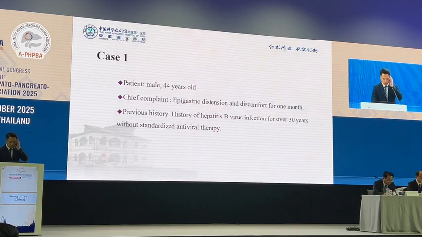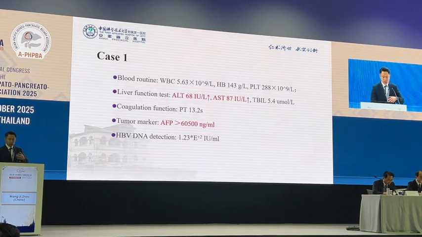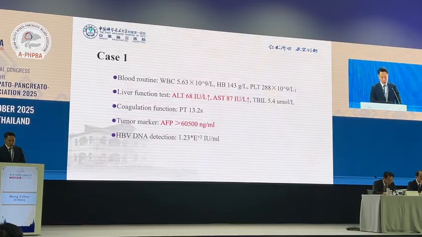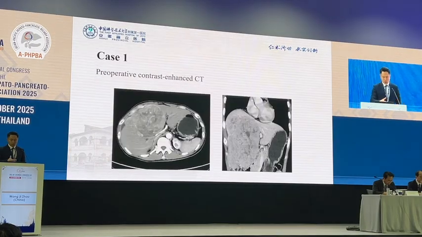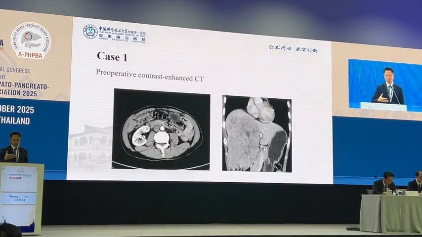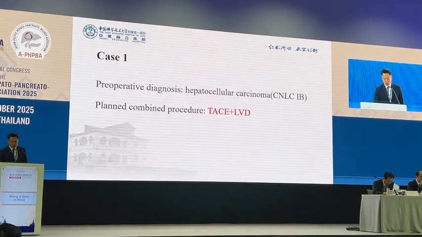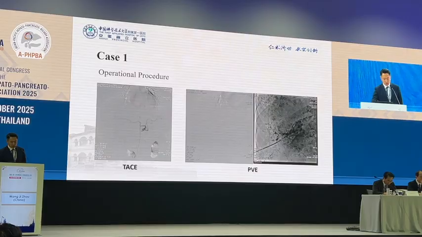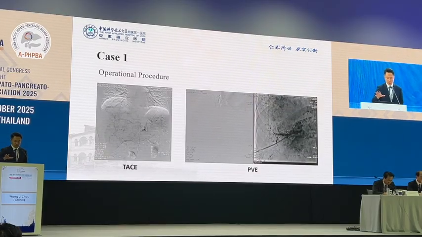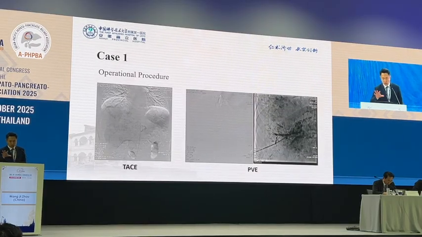This gentleman is 44 years old, with AFP increased a lot. We can see the tumor volume is quite huge. Fortunately, there is no vascular invasion and no metastasis. So we did TACE combined with LVD. First, we did the precision TACE of the tumors to control tumor growth.